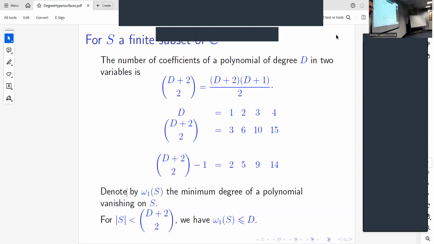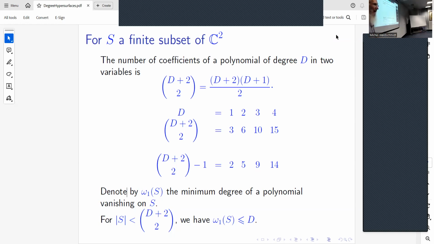And if you want to find a polynomial which vanishes at a set of points, you can solve the linear system provided that you have fewer points than the number of coefficients. So these numbers 2, 5, 9, 14 are just the binomial coefficient minus 1. So there is no mystery in the sequence of numbers.